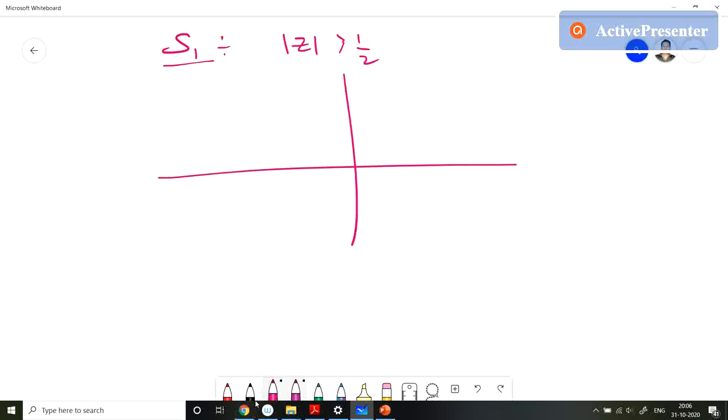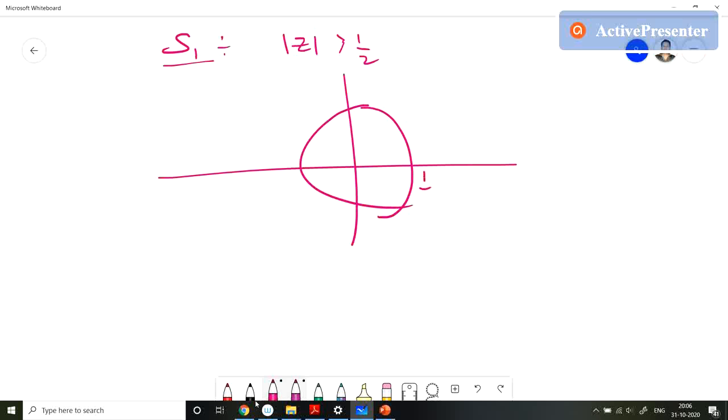Now let us discuss S1 first. The ROC is given as modulus of z greater than 1/2. We have two poles.